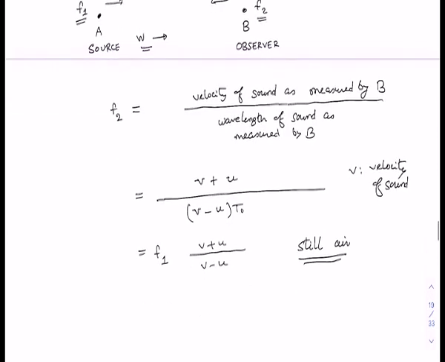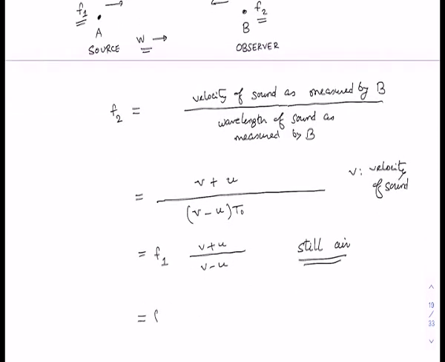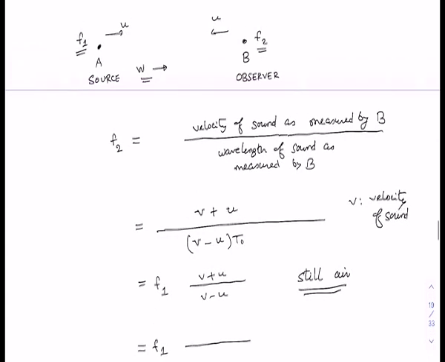Now when wind is moving, so suppose the wind is moving towards the observer, so therefore you just have to add, v plus w, that is now the velocity of sound. Okay, because the wind is blowing along the same direction, with respect to the wind basically you are doing everything.